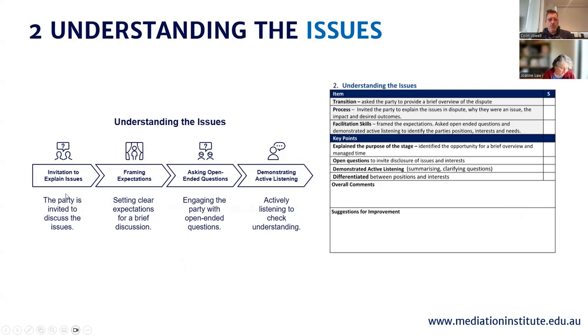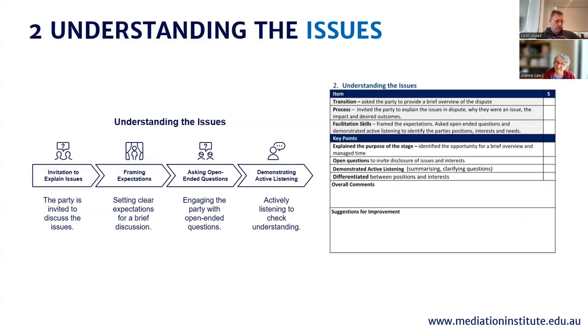So it's an invitation to explain their issues, framing expectations. If you don't frame it and say, I want you to tell me about the issues, they've got this opportunity to talk and they're probably going to take it, unless they're a very non-talking person. Again, we're asking our open-ended questions, doing active listening and checking our understanding.